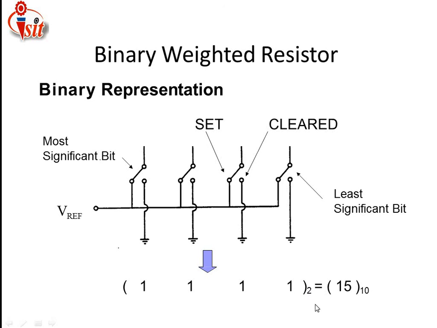The binary number is converted into a decimal number by multiplying each term by its power of 2 and adding, which gives the decimal equivalent value of 15.